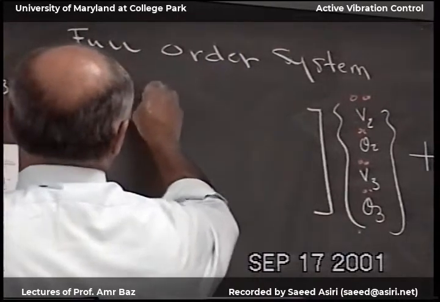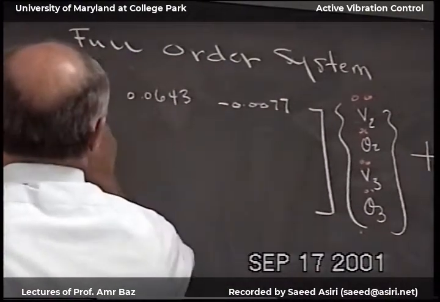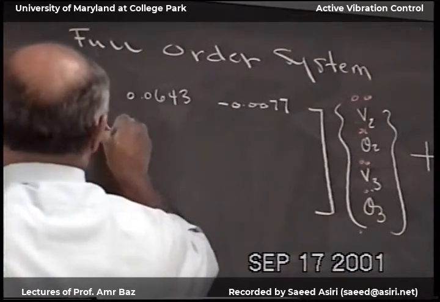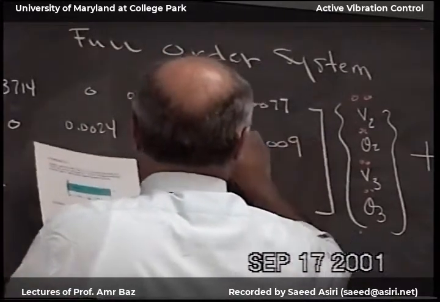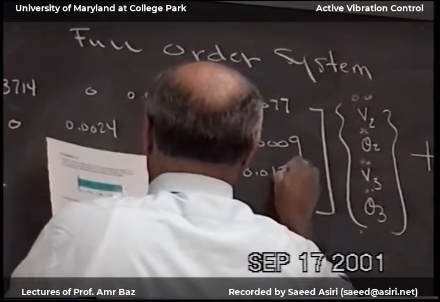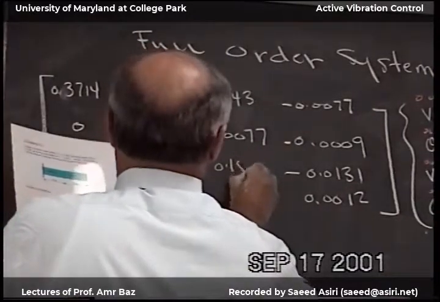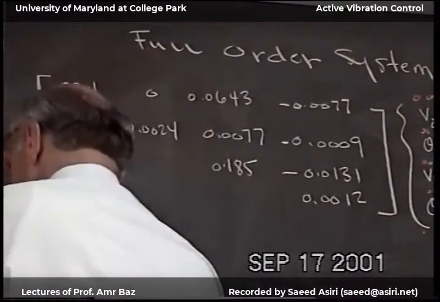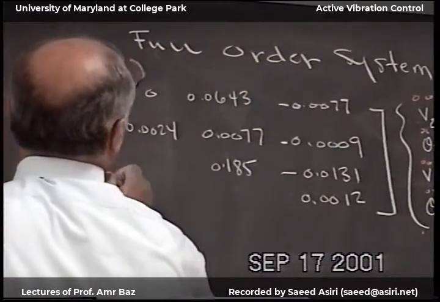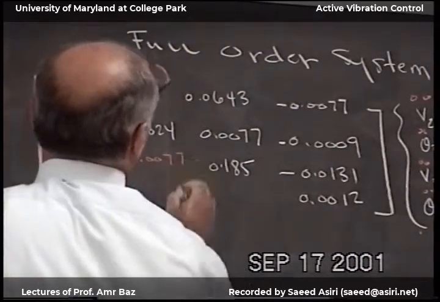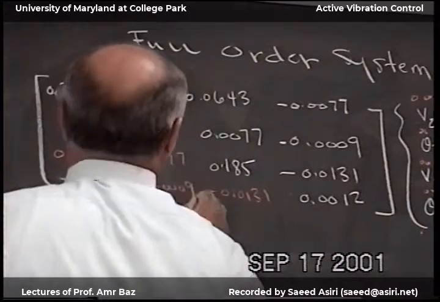It's not 0, it's almost 0. By symmetry, so this would be 0.4643, minus 0.0077, 0.0077, minus 0.01, and then minus 0.0049.